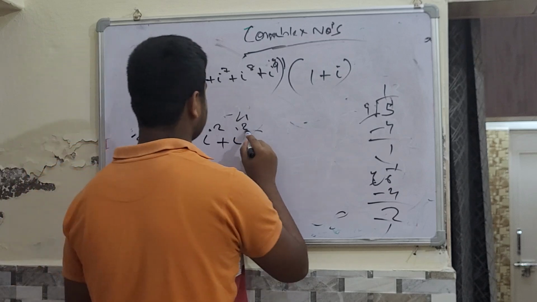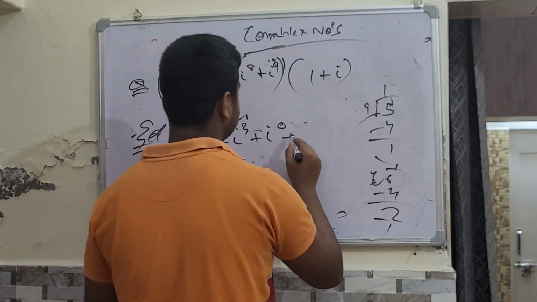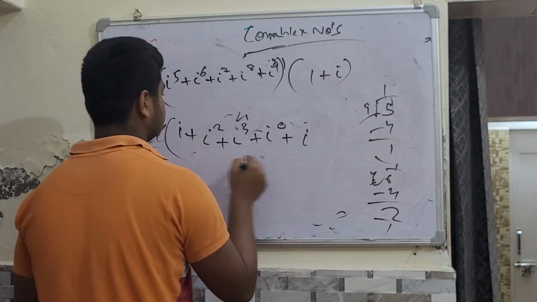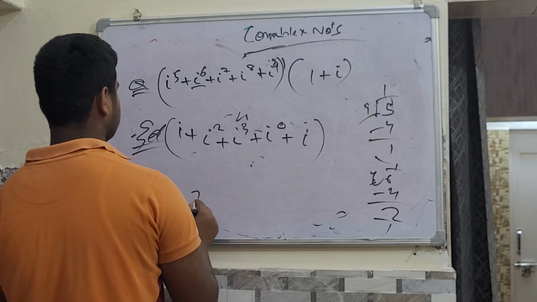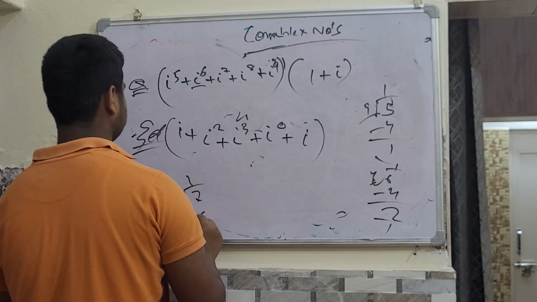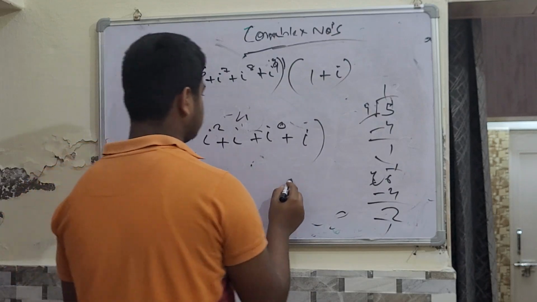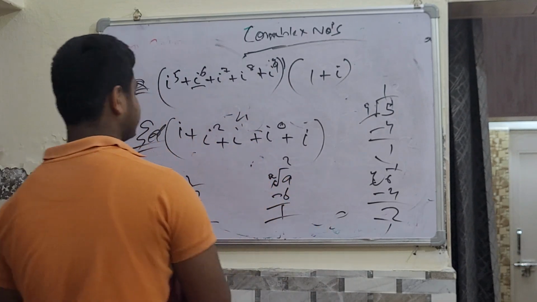So i to the power 5 is i, then i to the power 6 is minus 1, i to the power 7 is minus i, i to the power 8 is 1.